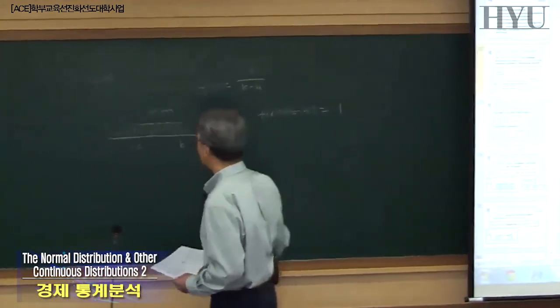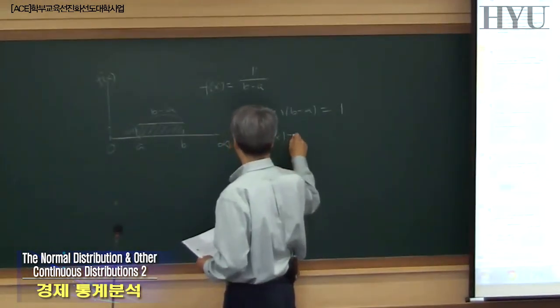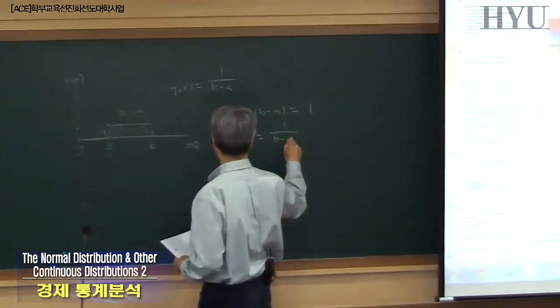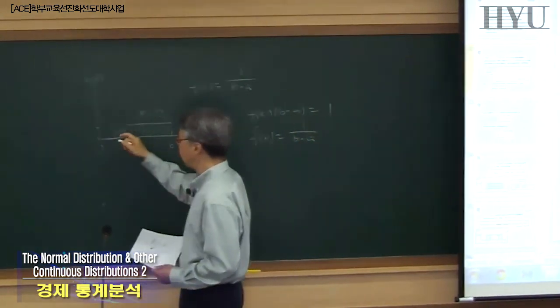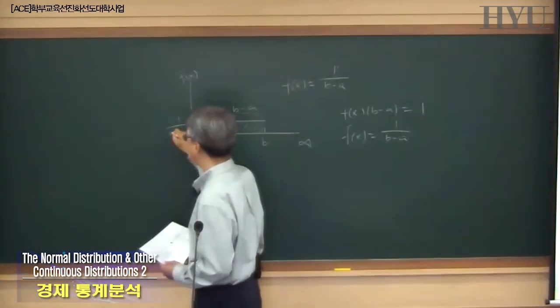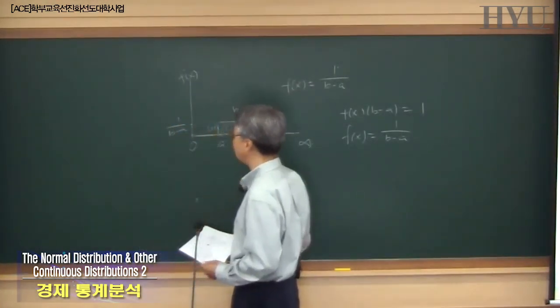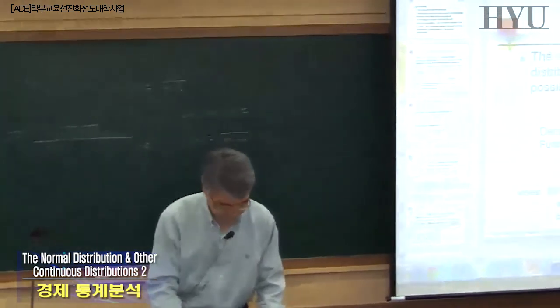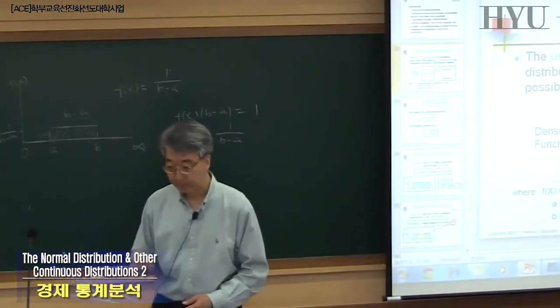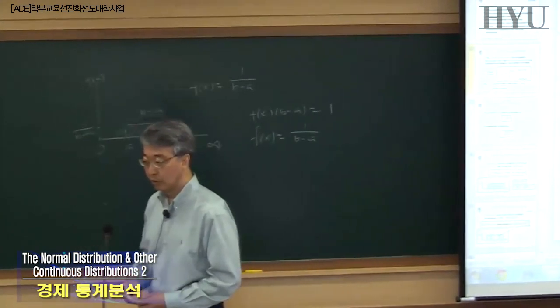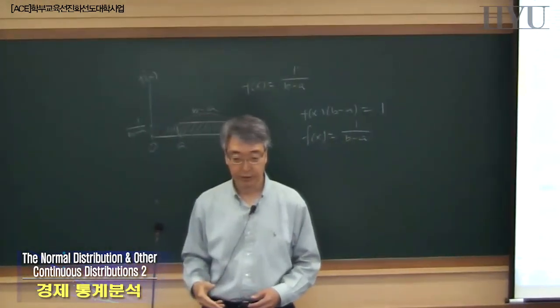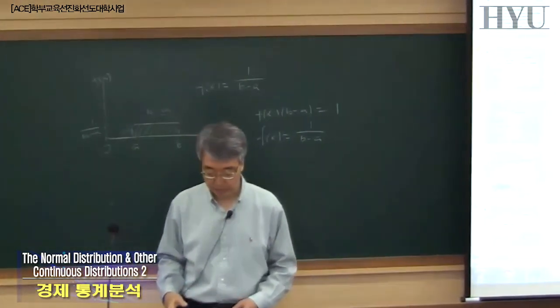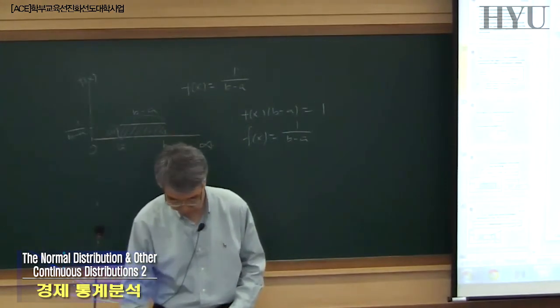So f(x) is 1 over B minus A, right? That's how we obtain the height of this probability density function. It's a very simple function. And we're going to use some examples later in a few minutes to talk about possible application of uniform distribution.